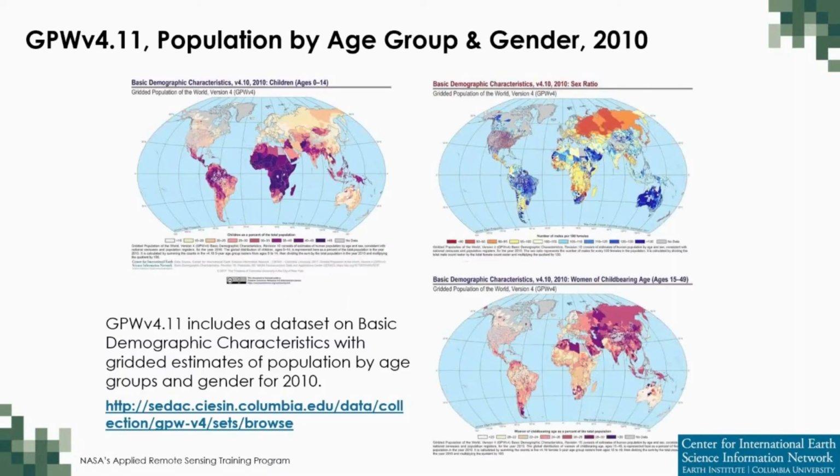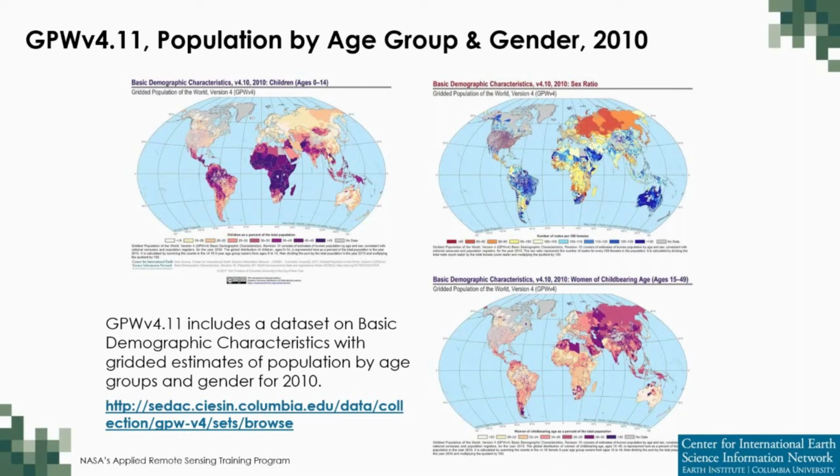So we have continued to evolve GPW over the years. The version 4 was produced about 5-6 years ago. And in addition to mapping the distribution of total population, we have made improvements.